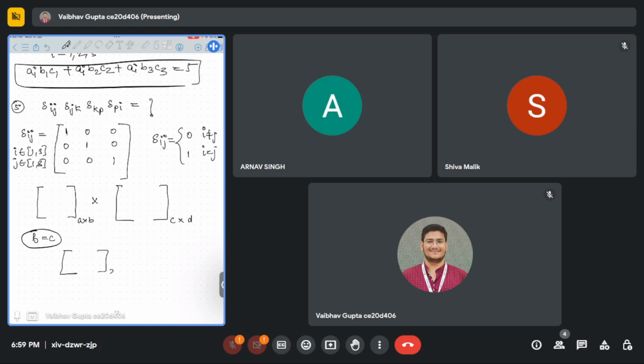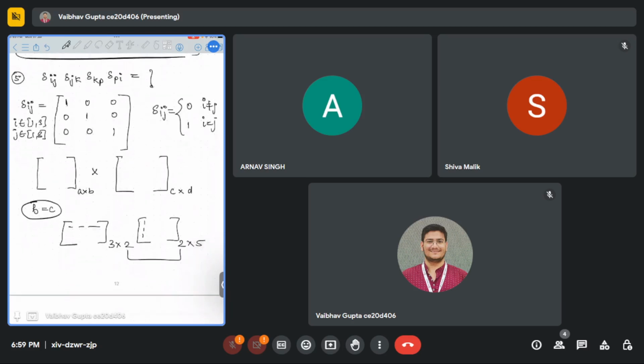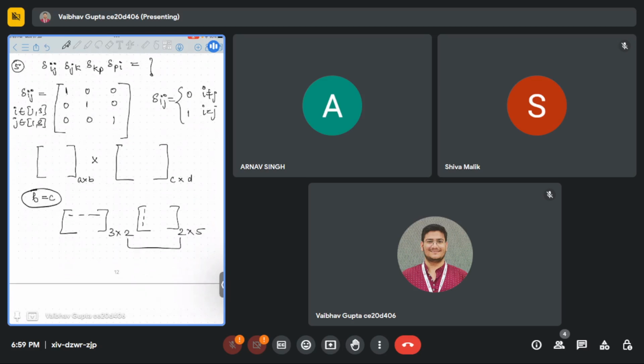Like if this is a matrix of 3 cross 2, this should be a matrix of 2 cross something, any value, but this 2 should be the same. Then only you can multiply, because the rows of this matrix will be multiplied by the columns of this matrix. Whenever you have a matrix multiplication, these two terms should be the same.